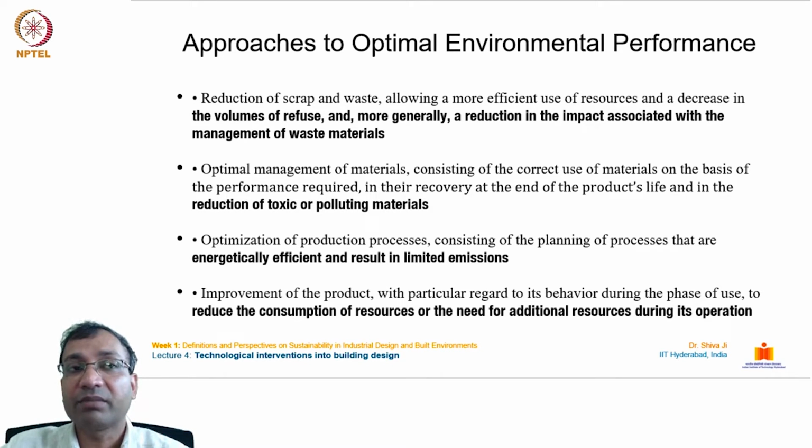Optimal management of materials consisting of the correct use of the materials on the basis of the performance required, their recovery at the end of the product's life, and the reduction of toxic or polluting materials. Optimization of production processes consisting of the planning of processes that are energetically efficient and result in limited emissions. Improvement of the product, with particular regard to its behavior during the phase of use, to reduce the consumption of resources or the need for additional resources during its operation.